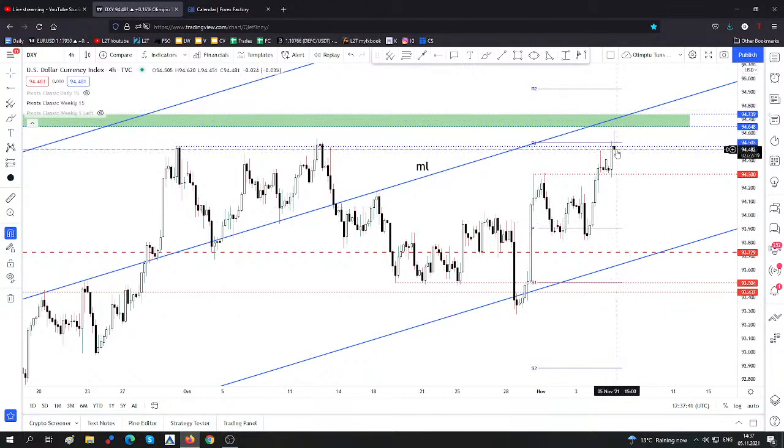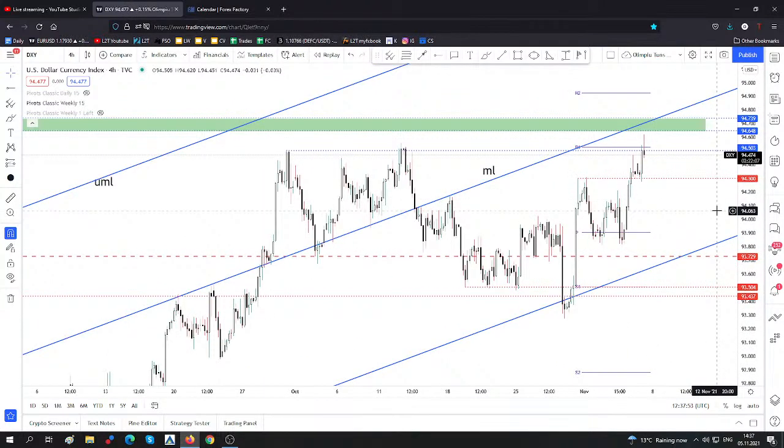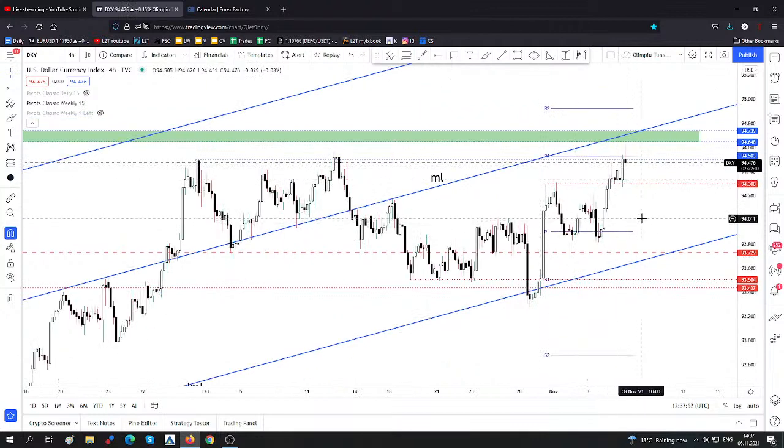Yeah, and that's why the dollar index may come back to retest this support level before jumping higher. I told you earlier today in my analysis, which I sent to the Telegram groups, about 94.50 as a strong resistance level, an upside obstacle.